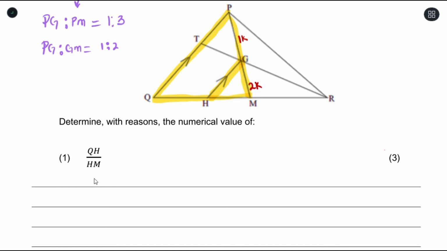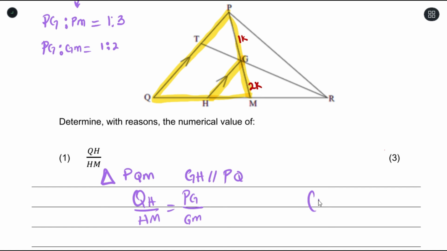So the focus here would be the triangle PQM, and we know in this triangle GH is parallel to PQ, and because it is parallel, we also understand that QH over HM would be equal to PG over GM, right?